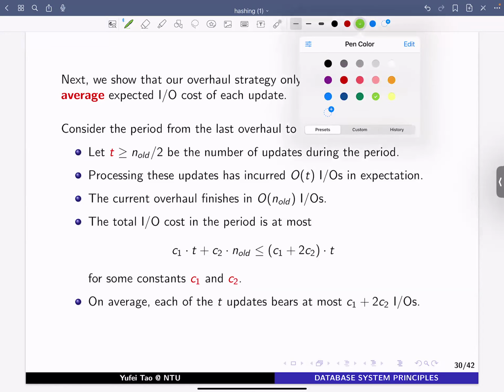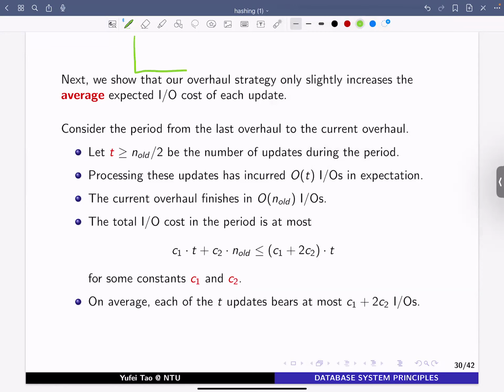Let's look at the diagram. This is the updates, and this is the time to handle the updates. What you should expect is that for most updates, the costs are very low, and then at some point there will be an overhaul, which is some huge cost.